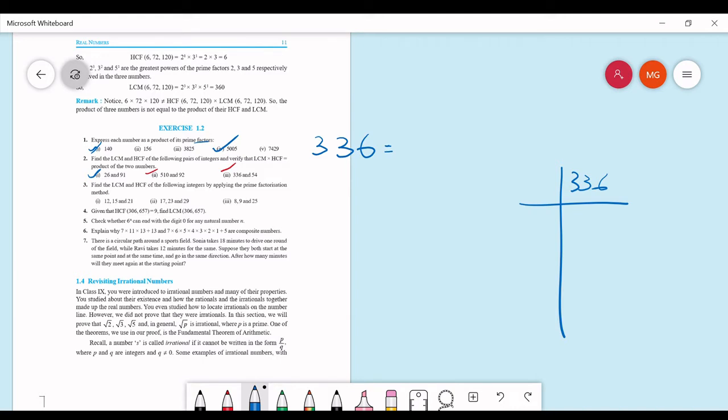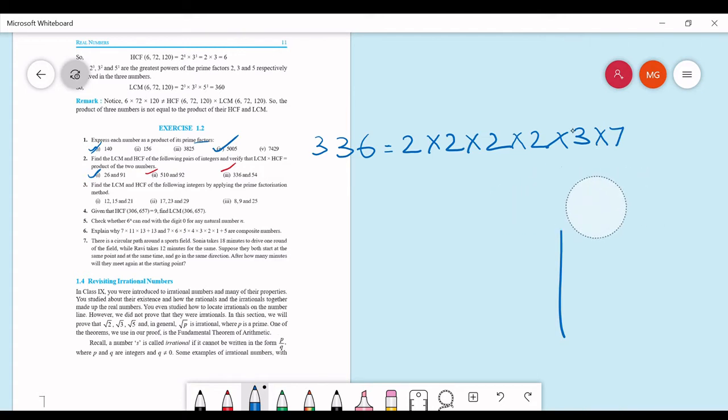So 336 will be equal to 2 multiplied by 2 multiplied by 2 multiplied by 2 multiplied by 3 and 7, right? So this is 336, and you can write it as 2 to power how many times?